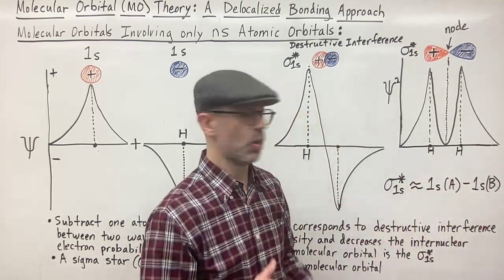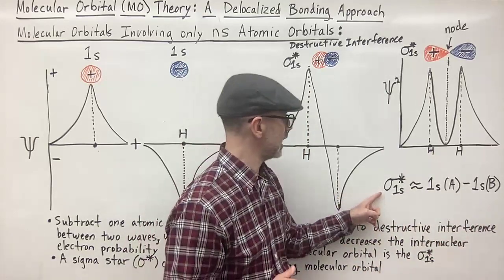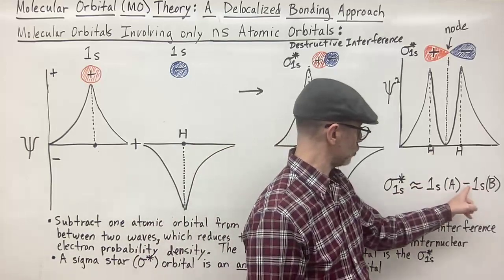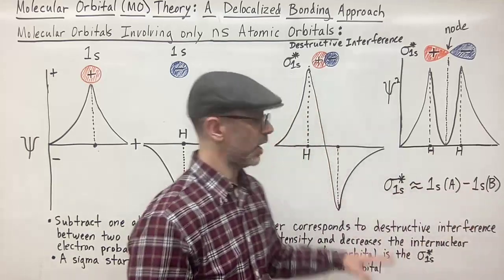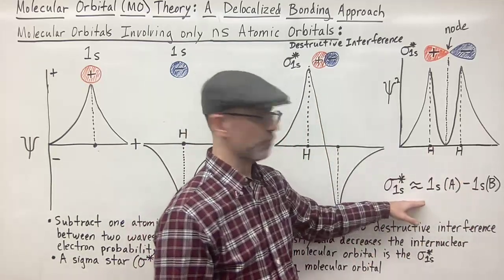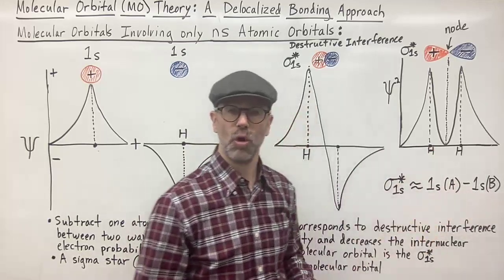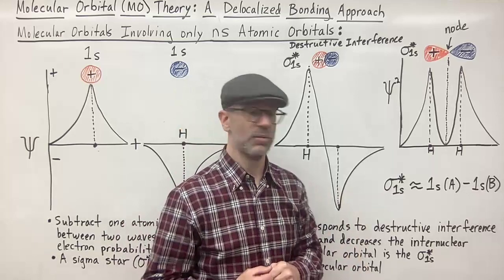In the previous one, when we formed the sigma 1s molecular orbital, we were adding those, so there's a plus sign there. But if there's a destructive interference, then we get a negative sign. So we're subtracting the two orbitals rather than adding them together.